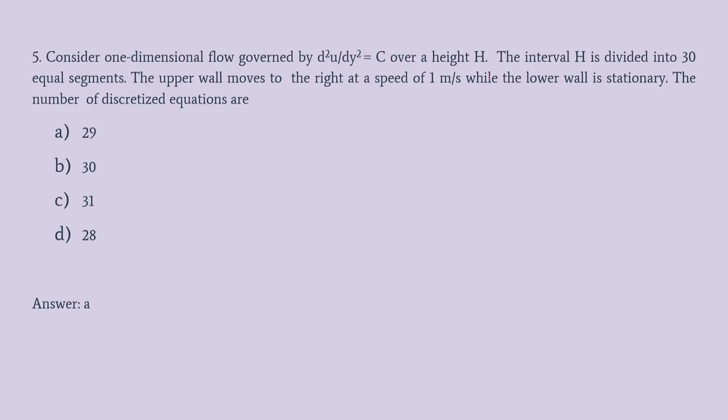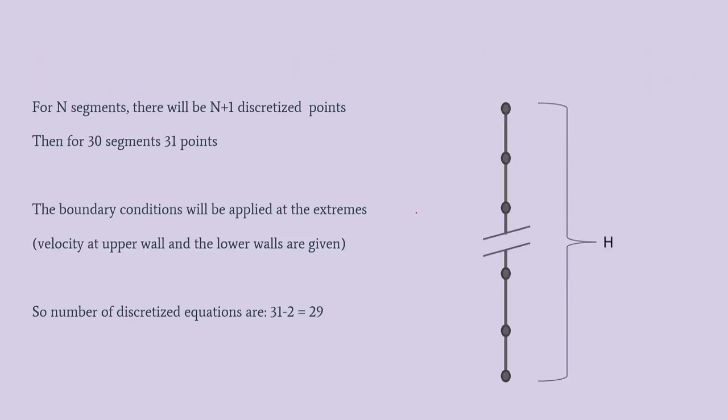So here it is taken for a one-dimensional flow, and it is in a vertical manner. Suppose this is the vertical discretized length. Our boundary condition is the top wall is moving at 1 meter per second, and the bottom wall is at zero velocity.